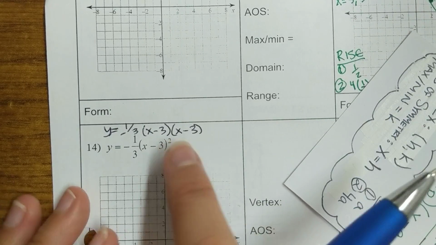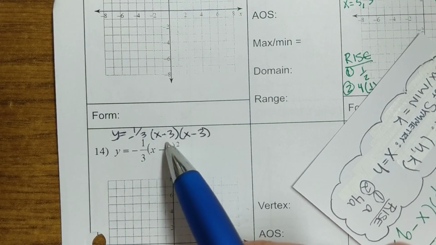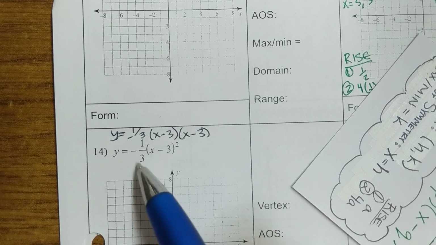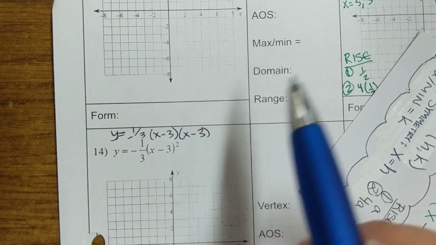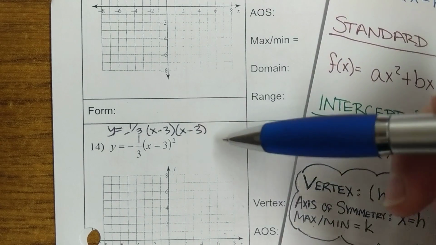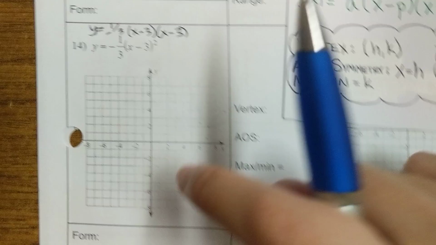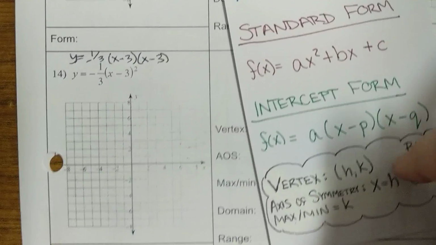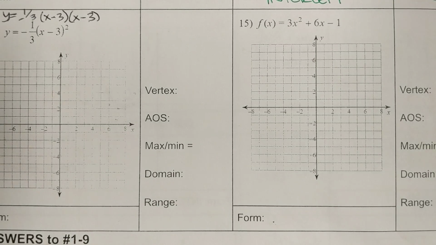They just condensed those two and said that's just the same as (x minus 3) squared, so now it looks like it's in vertex form, but it is also in intercept form. So either form would be allowed. All right, that's it.